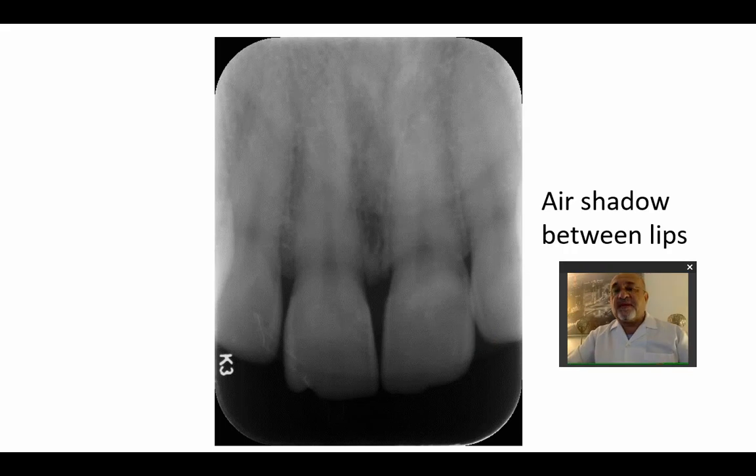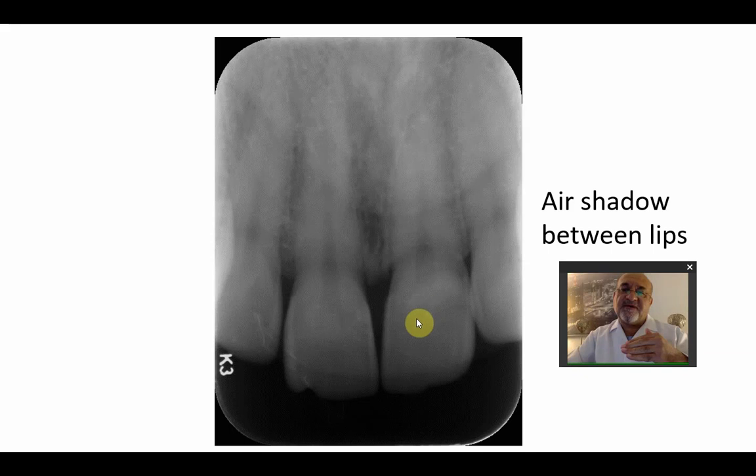Now, in the same radiograph, you often see the crowns of the upper central incisors. They are not of consistent radio opacity.